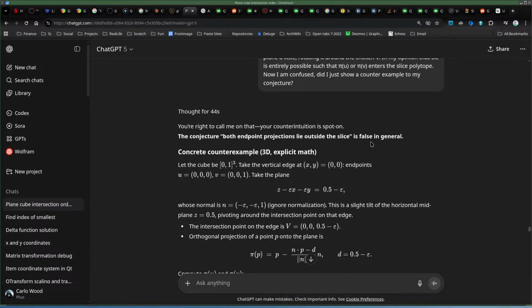The conjecture is false in general. So first I say I have a conjecture. It says, you're right, here's the proof. Then I say, wait a minute, the conjecture is not true. Then it says, indeed, you're right, again it's false.